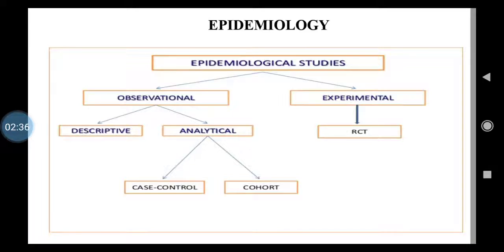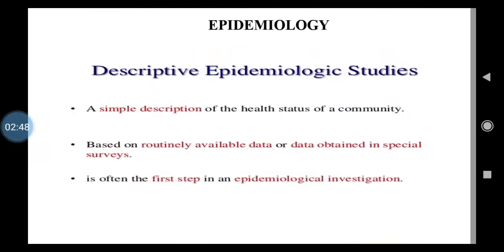Now under observational, as I said, we have two methods: the descriptive methods and analytical methods. Now, descriptive epidemiological studies, or descriptive method, are usually the first phase of epidemiological investigation.